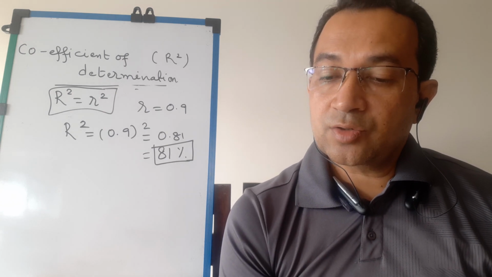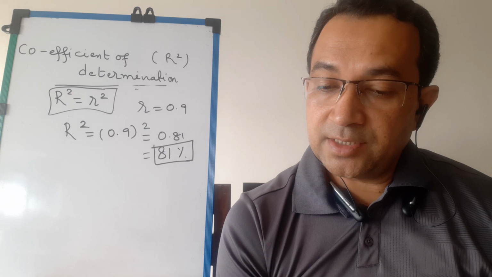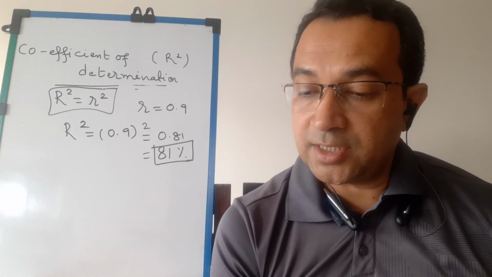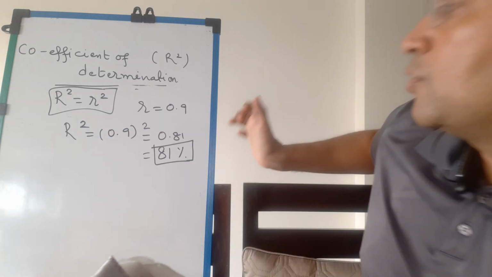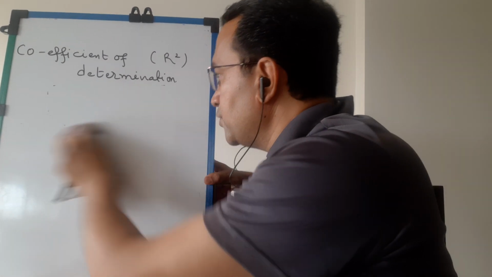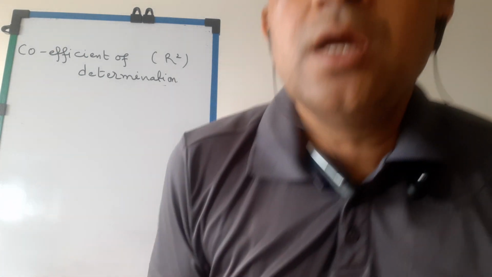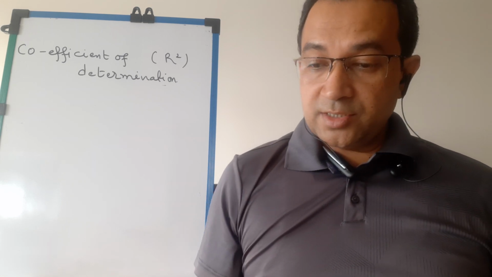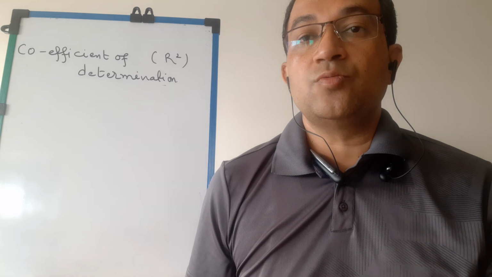If the regression coefficient of the line of y on x is 0.6 and the standard deviation of x and y are 5 and 3, then find coefficient of determination, students. To find coefficient of determination, we need correlation coefficient R. Now here students, they have not given the value of correlation coefficient R, but instead they have given b and they have given Sx and Sy.